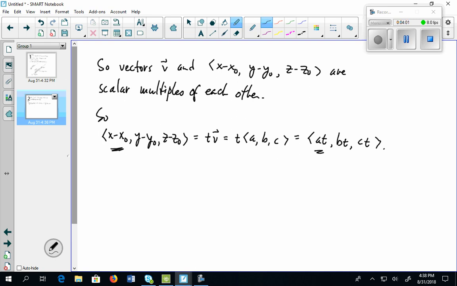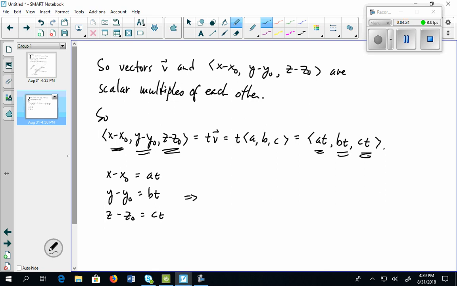So let's write x minus x naught is equal to at. And then y minus y naught must be equal to bt. And finally, z minus z naught is equal to ct.